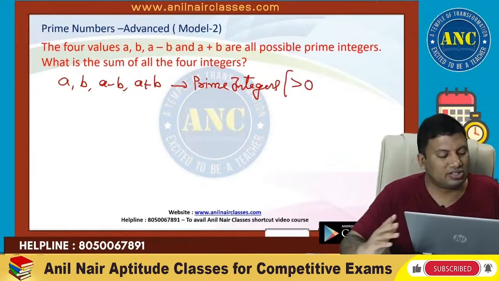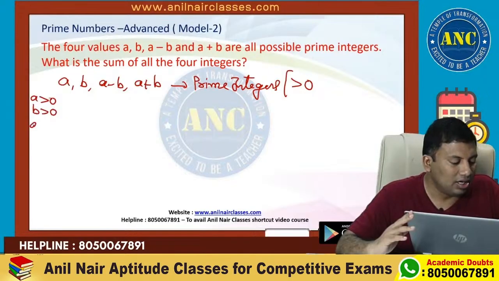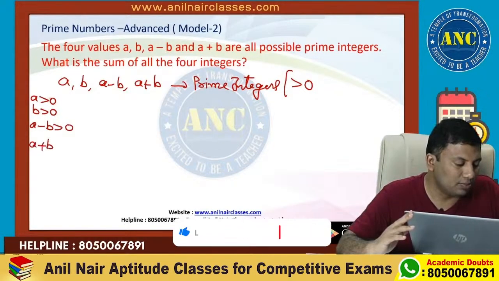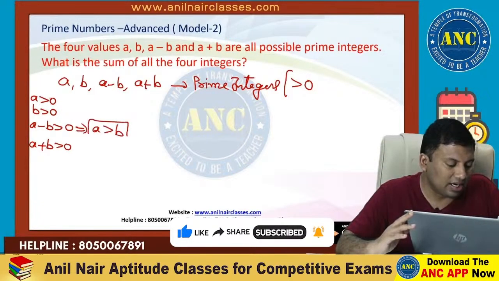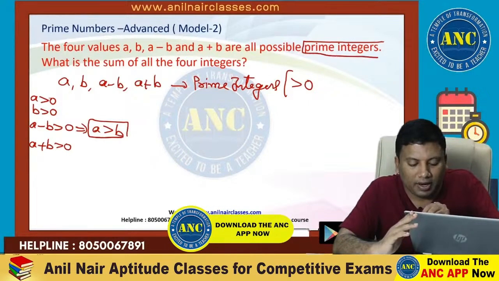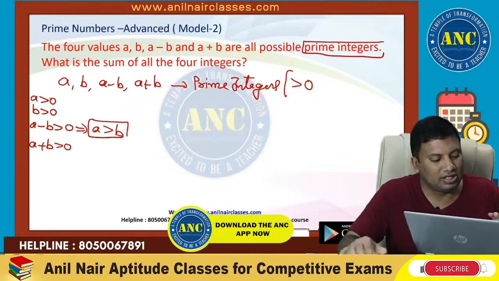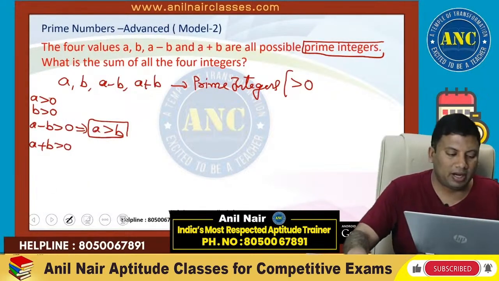A greater than 0, B greater than 0, A minus B greater than 0, A plus B greater than 0. A minus B greater than 0, so A is greater than B. This is the hint we got from the words prime integers. A, B, A minus B, A plus B, all are prime integers.